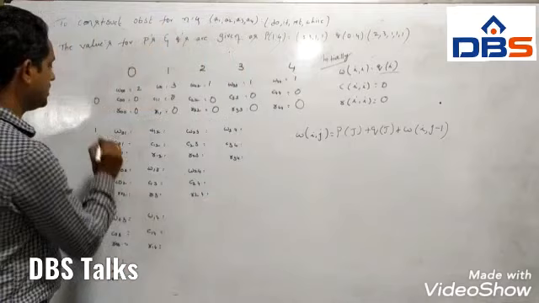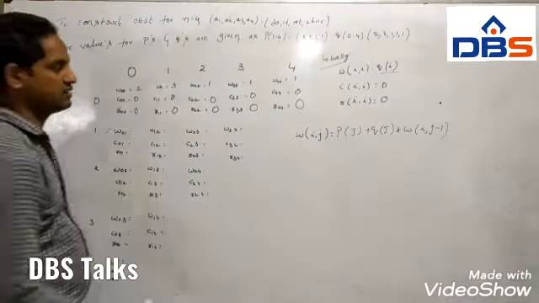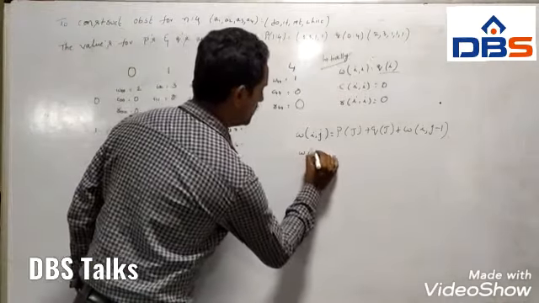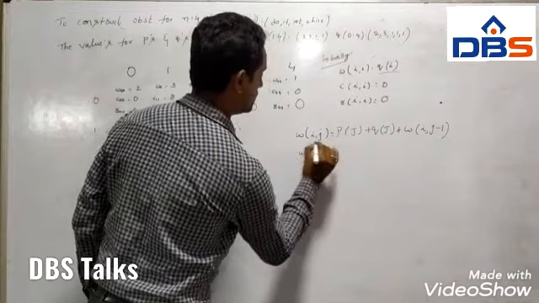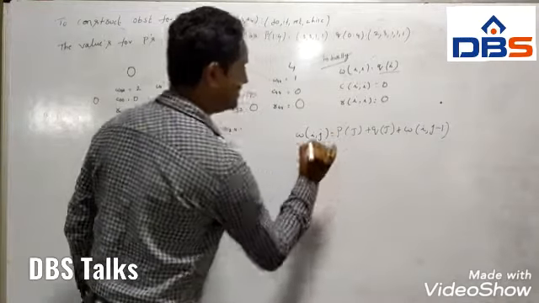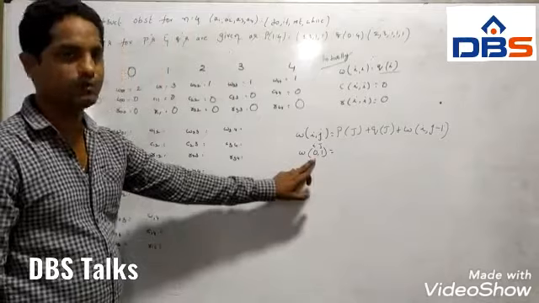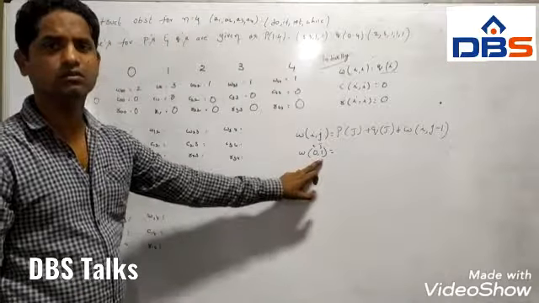First we go for W of 0 1. W of 0 comma 1, where i equal to 0 and j equal to 1.